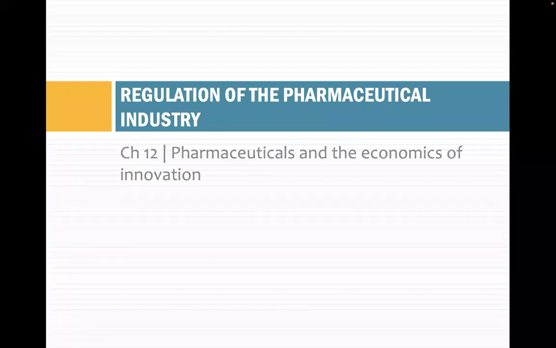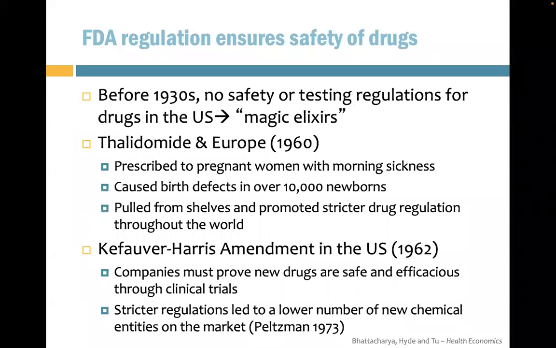Next, we're going to talk about regulations of the pharmaceutical industry. We heard about the FDA a lot, especially during the pandemic. FDA regulations came in to ensure that all the drugs that come into the market are safe for people to use. Before the 1930s, there weren't any safety or testing regulations for drugs in the United States.